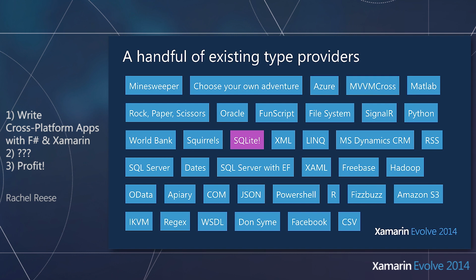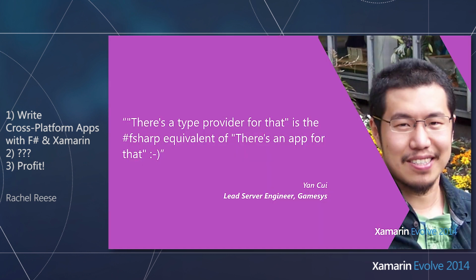So if you have scripts set up in any of these languages, you can farm your code out to that and get an answer back. There are so many and so common, and so many people are creating them, that "is there a type provider for that?" has really become a joke in the F# community, because it is such a common thing. Well, is there a type provider for that? Yeah, sure, so-and-so is starting to build one.